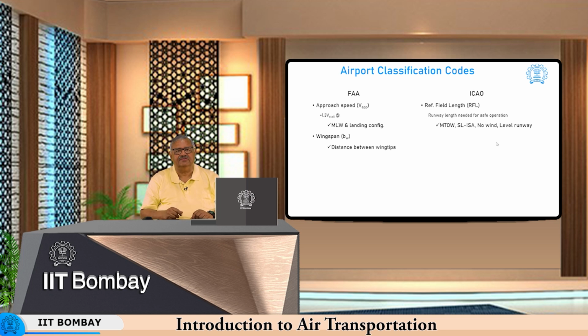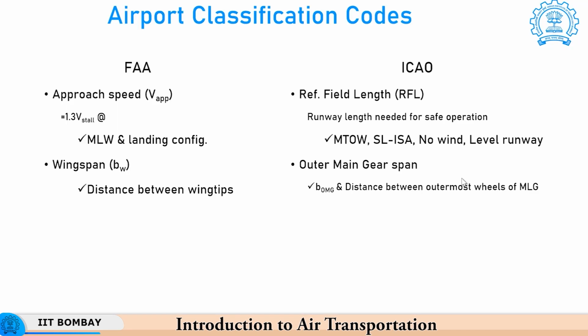Under these conditions, whatever is the runway length required for safe operation, that is called the reference field length, abbreviated as RFL, and it also uses the outer main gear span, abbreviated as BOMG, that is the distance between the outermost wheels of the main landing gear.